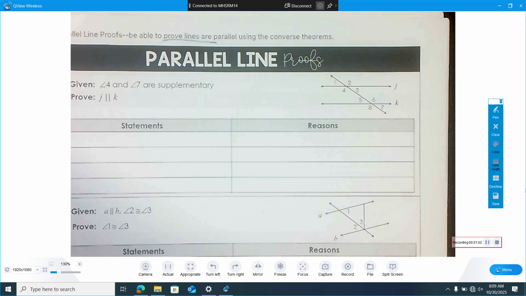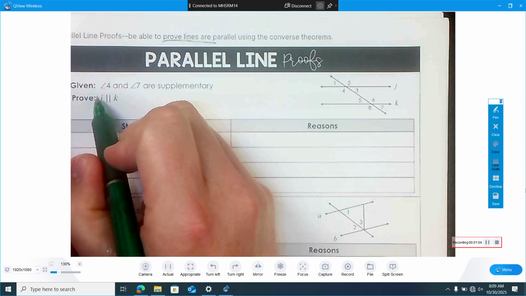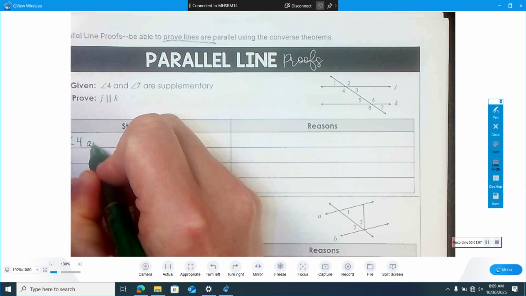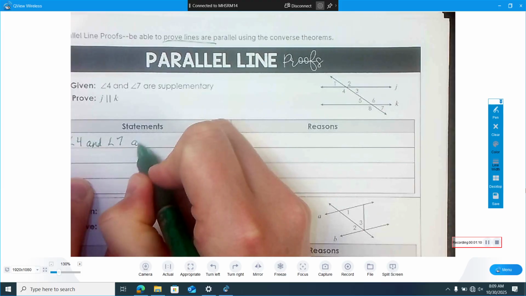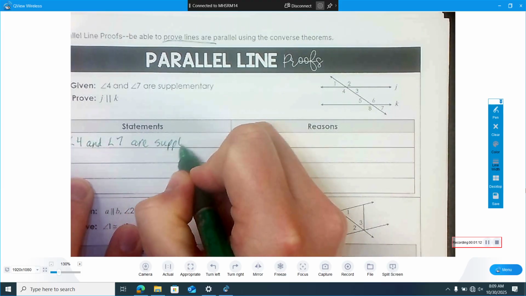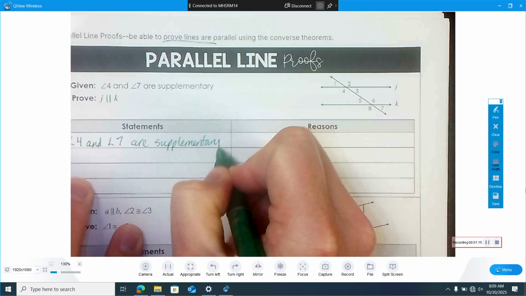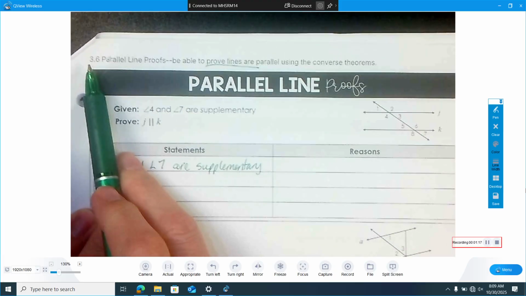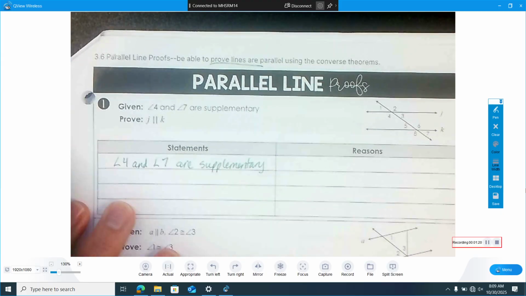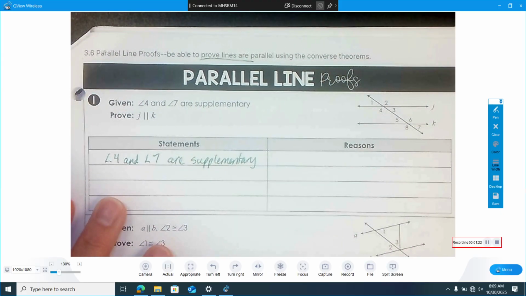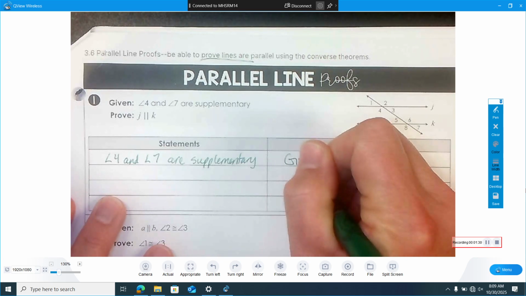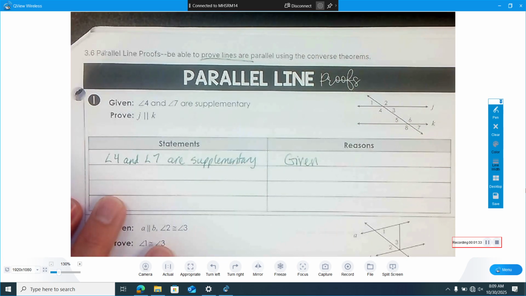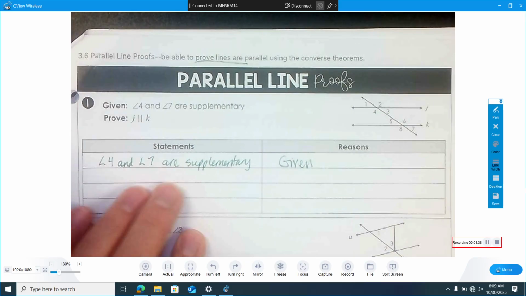We want to keep looking back so that we know how we have to get where we're going. So to start, what do we always start with? The given. All right, so our given is that angle 4 and angle 7 are supplementary. It says 3.6 at the top. Okay? All right, and so the reason is given. Okay, angle 4 and angle 7 are supplementary.